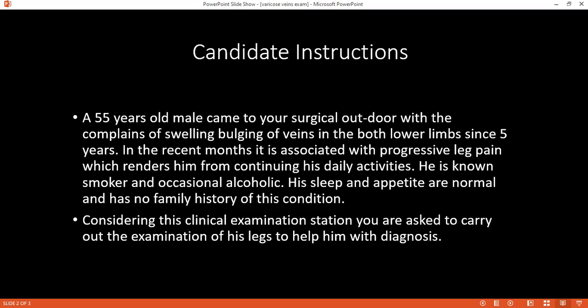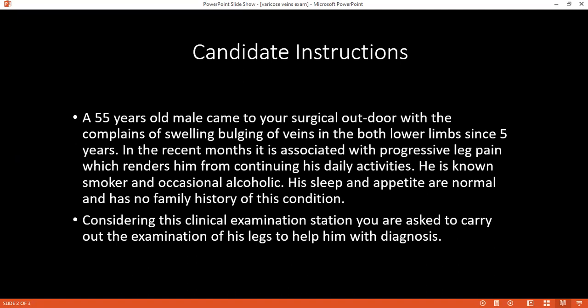I should also expose the patient from the abdomen down, all the abdomen and his lower limbs, and then start by looking, by inspection. I will look for the distribution of the varicosities, whether it is in the distribution of the long saphenous or short saphenous, and if there are any signs of chronic venous insufficiency, like venous eczema, hemosiderin deposition, or venous ulcers.